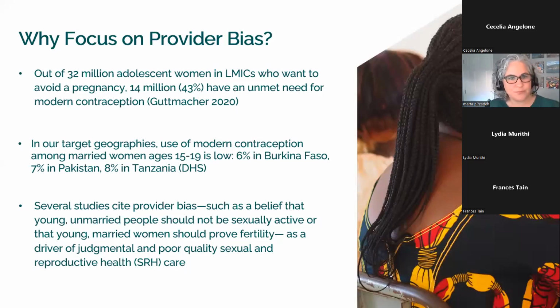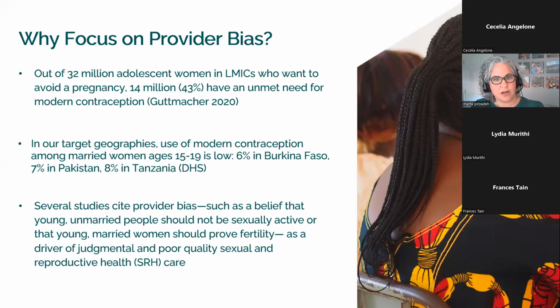While the focus of this webinar is not to define provider bias or help you understand why it's a barrier for young people's access to modern contraception, I do want to remind you of a few quick statistics to set the stage. Many of you will be familiar with the type of data that's on this slide and know that young people have high unmet need and low use of contraception. As outlined on the slide, out of 32 million adolescent women in low and middle income countries who want to avoid a pregnancy, 14 million or 43% have an unmet need for modern contraception.